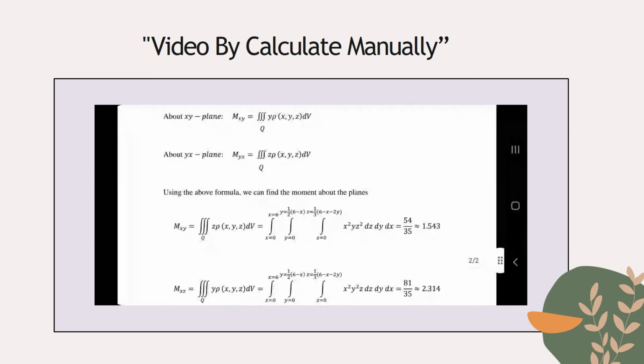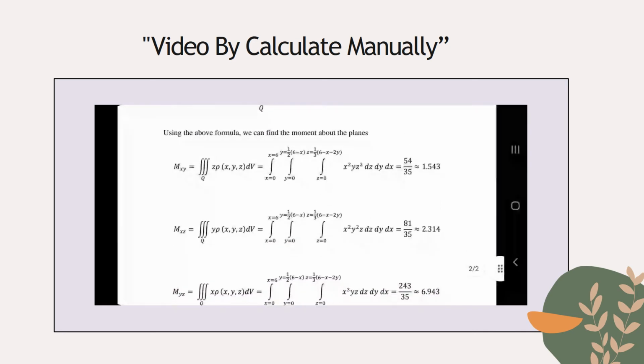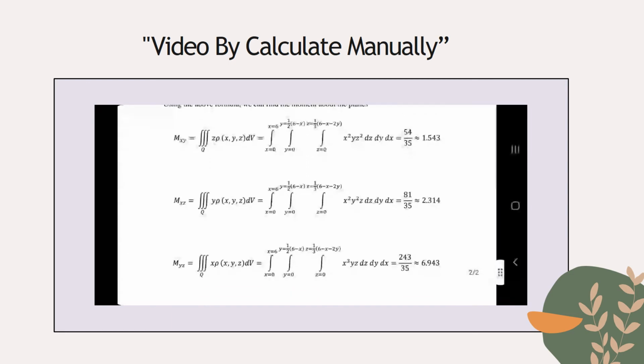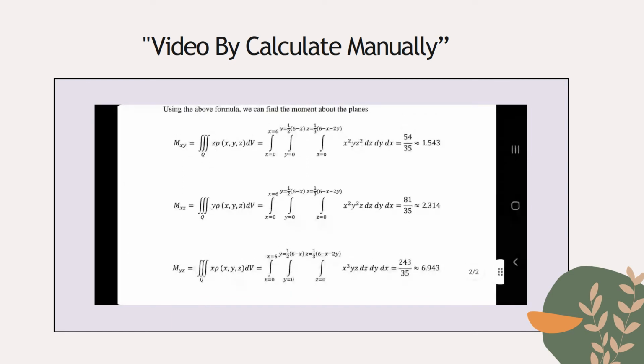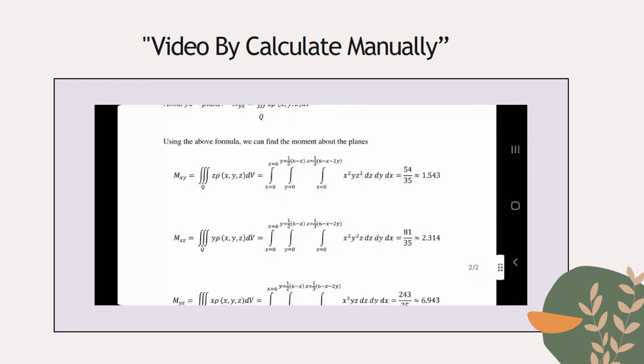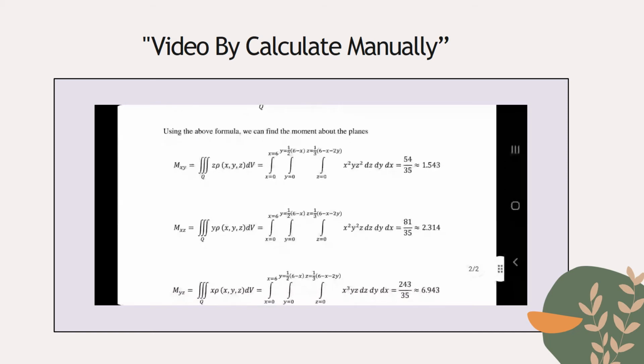Using each of the formulas, we key in all the information that we got. The first plane, the xy plane, equals 54/35, which is 1.543.